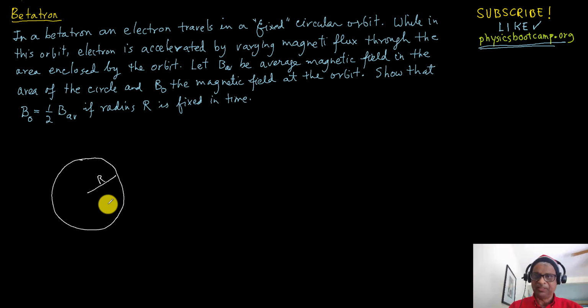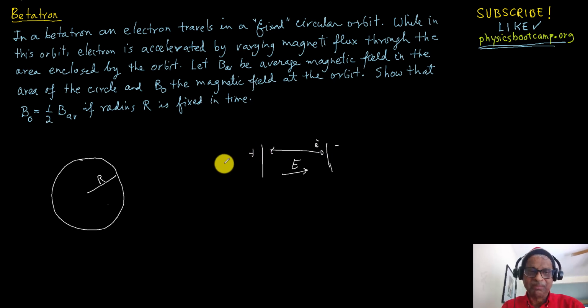One way to accelerate is to have a positive plate here and a negative plate here, and if you release an electron here, it's going to accelerate towards the positive plate. It's kind of linear acceleration: the electric field is that way, the electron goes opposite to that, and accelerates.